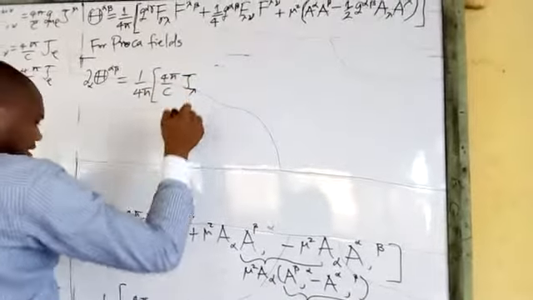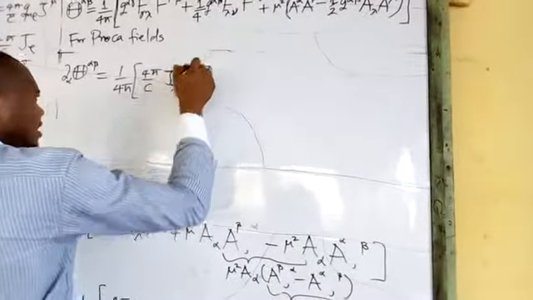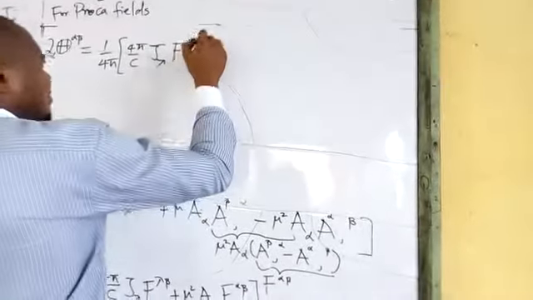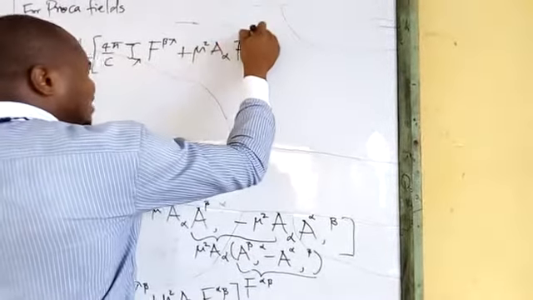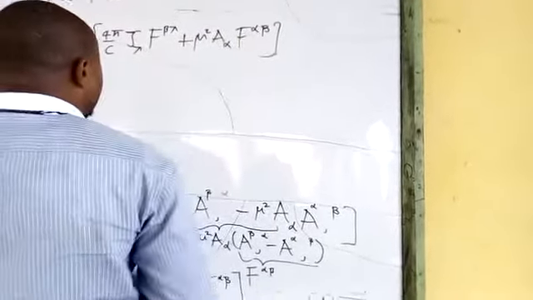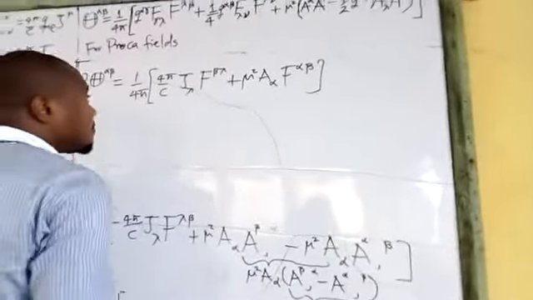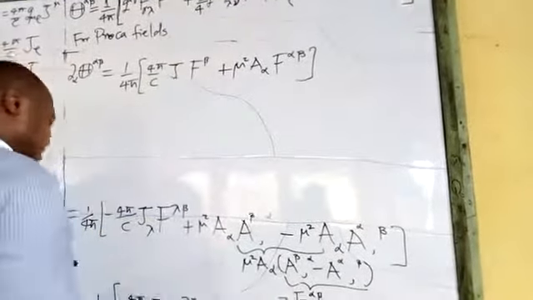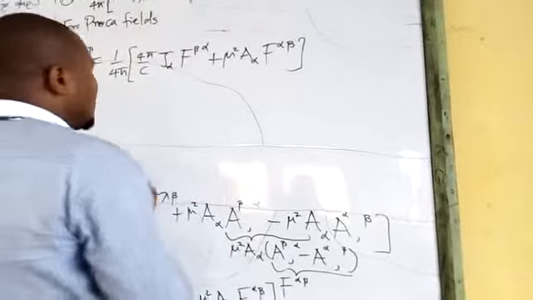But then again, it will become f on top here. This becomes beta lambda. And then remember, this will be, of course, plus mu squared a alpha, f alpha beta. This is what I get. And then again, I can change the lambda to alpha, which I can do because lambda is just a dummy index. So this is alpha, alpha.